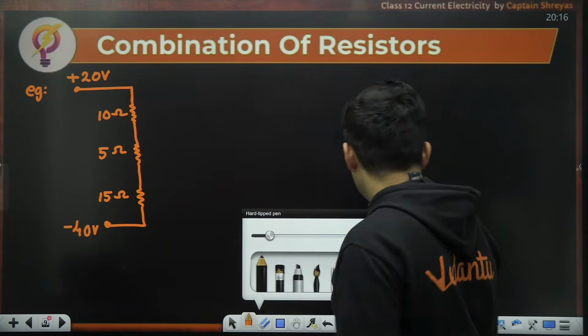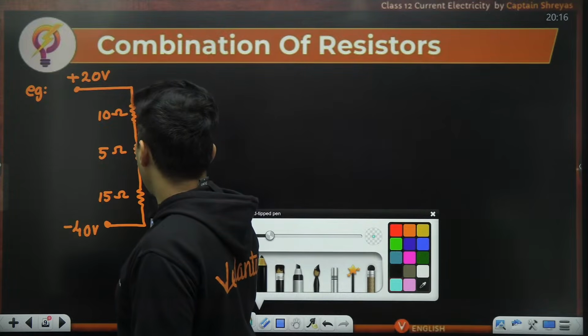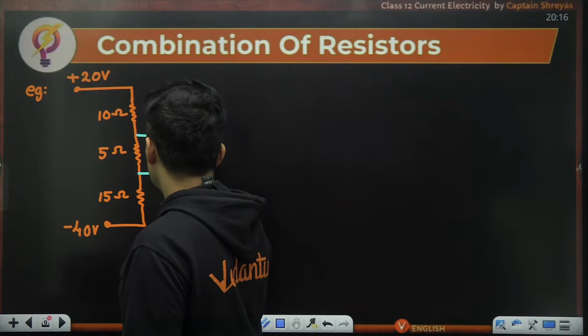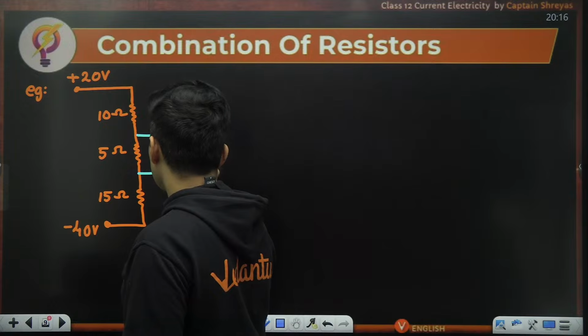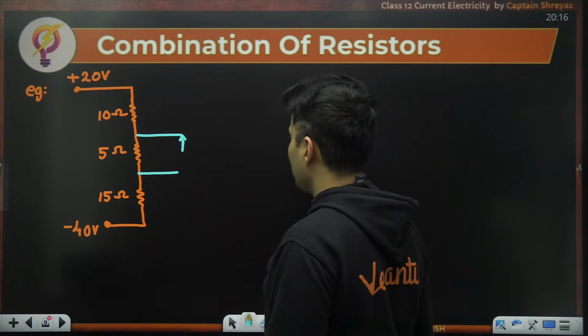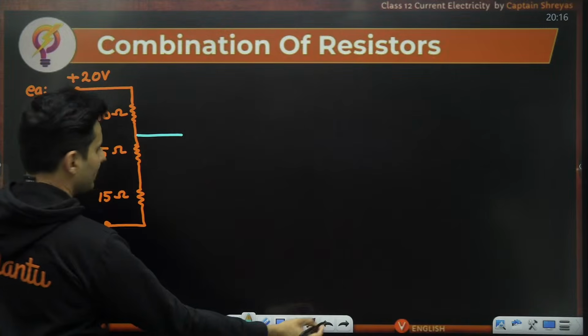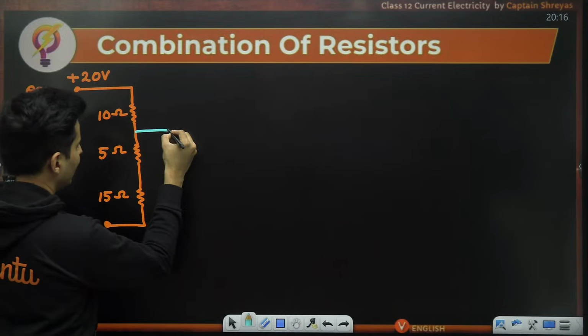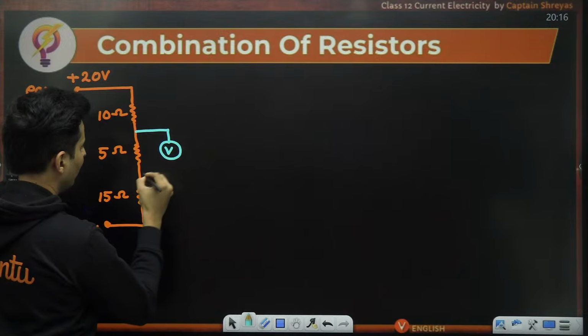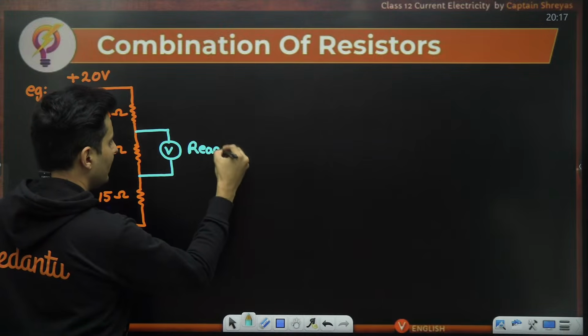Now, if somebody asks you, can you figure out the voltage across this 5 ohm resistance? It can be alternatively said that I have put a voltmeter, can you tell me what is the reading in this voltmeter?